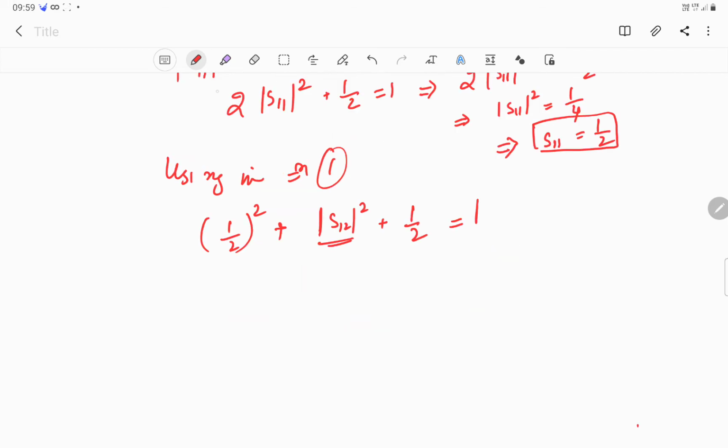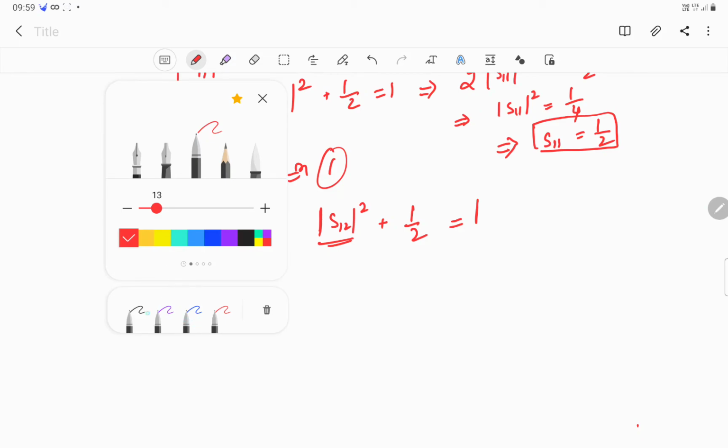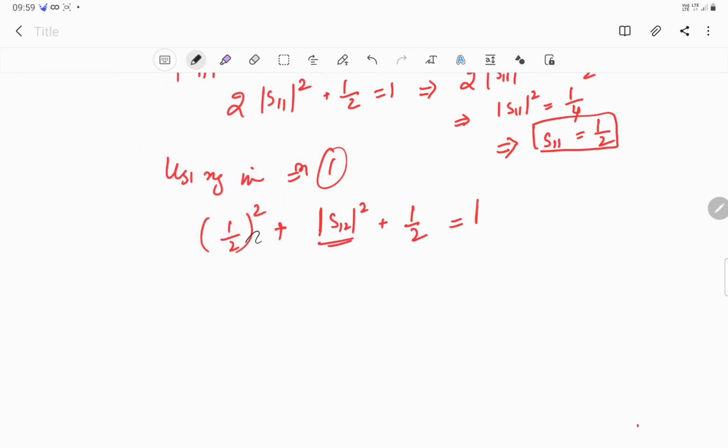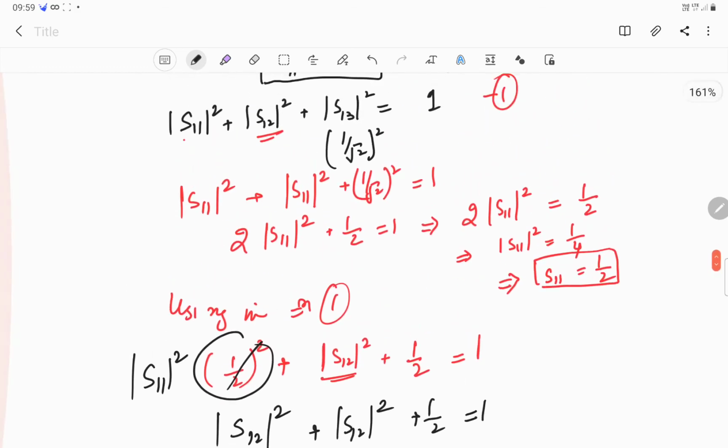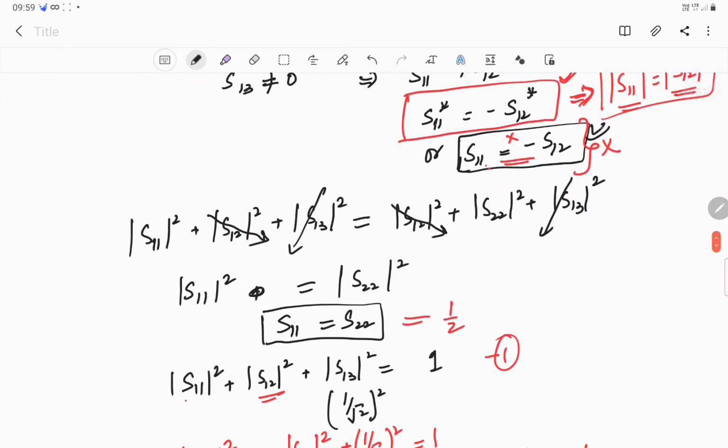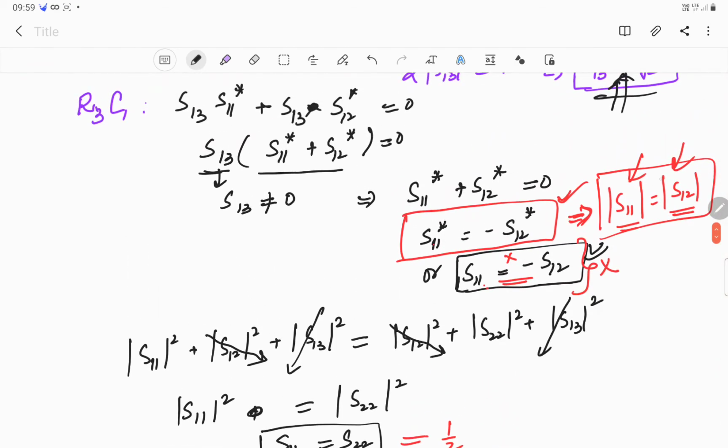Now I can write it differently. Since we have written S12, instead of writing S11 as 1 by 2, I can write S12 square plus S12 square plus 1 over 2 is equal to 1. This is because from this equation we have seen the S11 magnitude is the same as S12.